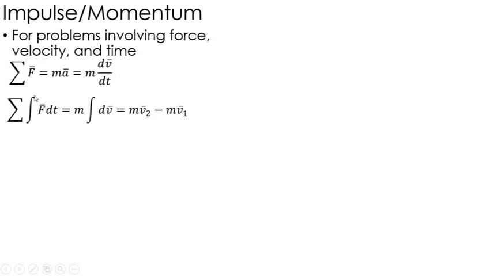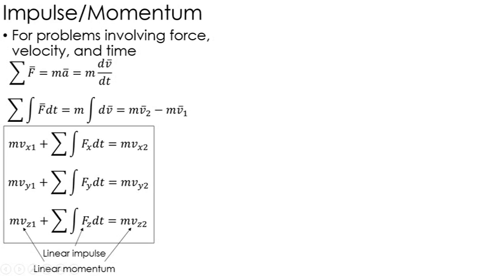I bring dt over to this side, so I have F dt on one side and m dv on the other side. Well, m is going to be constant for most of the problems that we're dealing with. Bring that outside the integral, and I just have the integral of dv, which is simply the change in v.